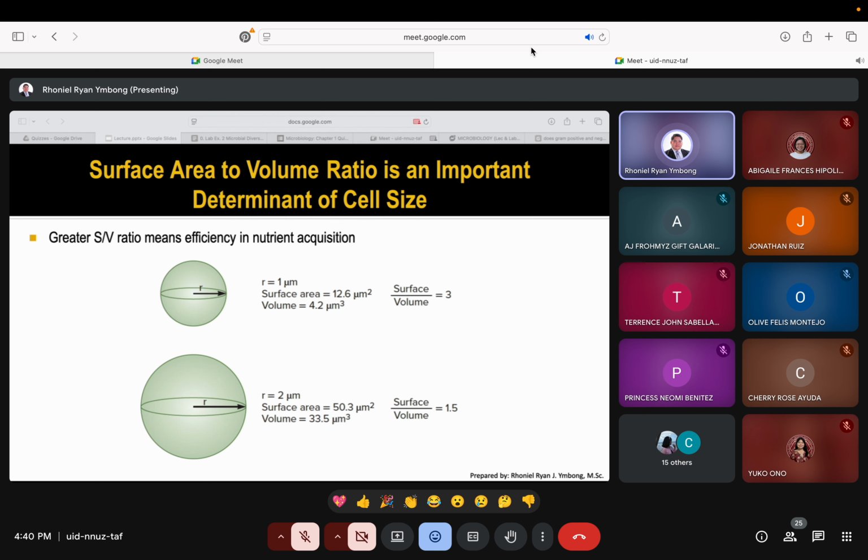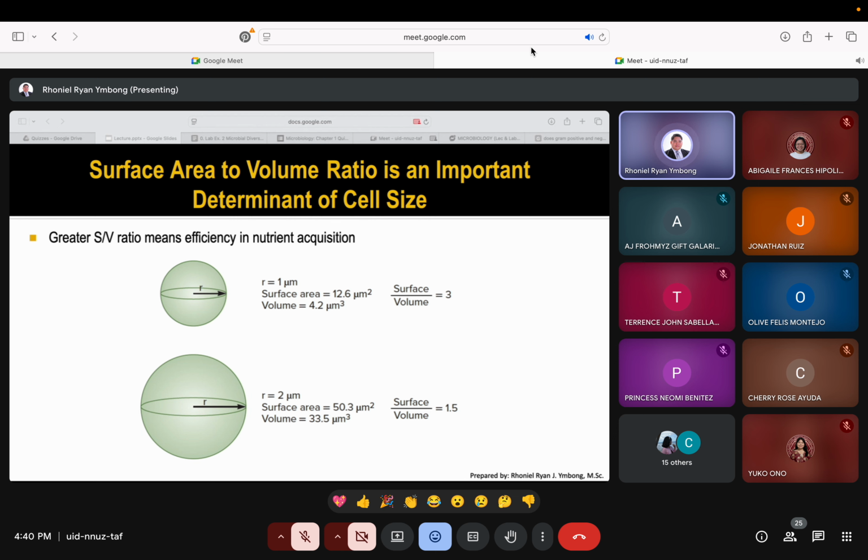On your cell membrane you have different types of proteins, and these proteins could act as transporters for your vital and necessary molecules from the environment to be transported inside the cell. These molecules are essential for the survival, thriving, and maintenance of your bacterial cell.